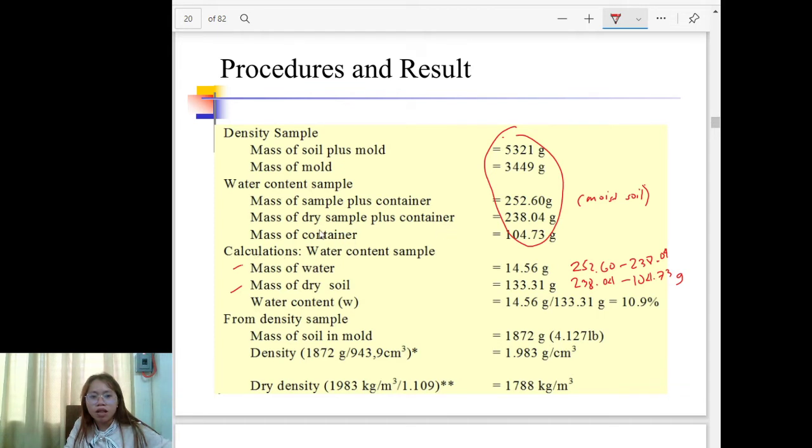So minus the mass of the container, we obtain the mass of dry soil.